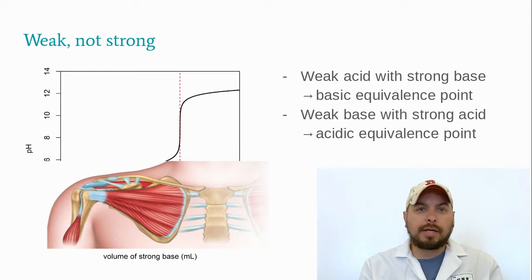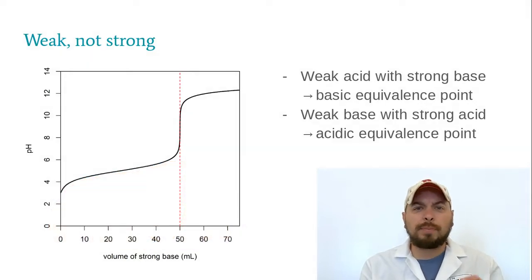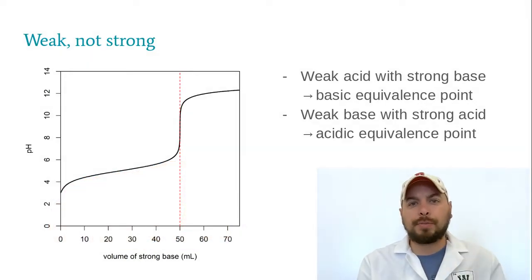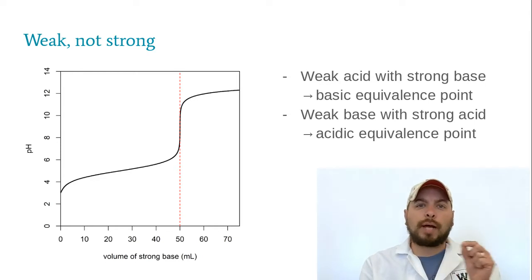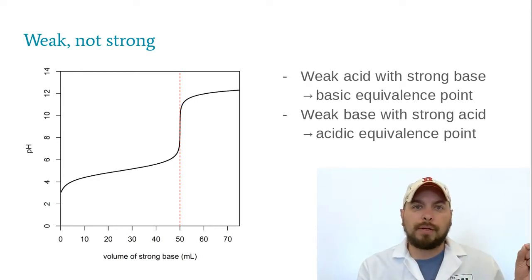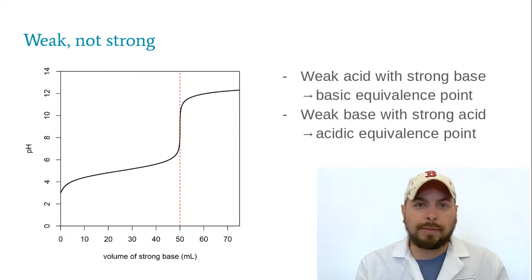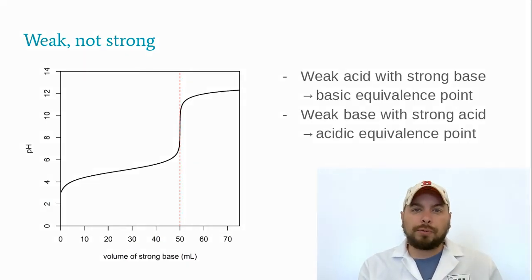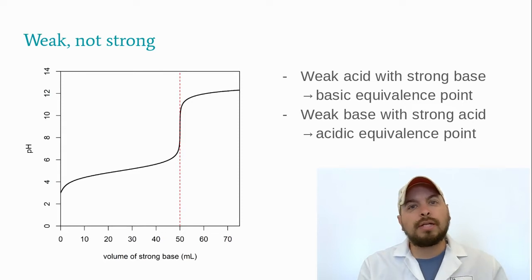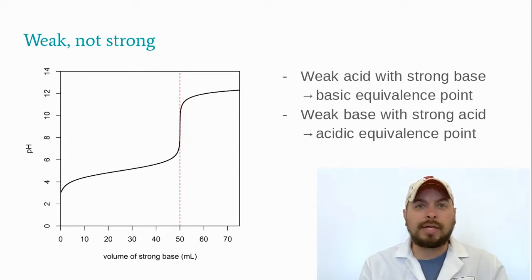Now, when I'm saying a shoulder, what I'm talking about is right at the beginning of the titration, there's a rapid change in pH, followed by a gradual change for a period of time. And then as we reach our equivalence point, it changes rapidly again. That shoulder that you see is a clear indicator that what we are titrating is a weak acid or a weak base.